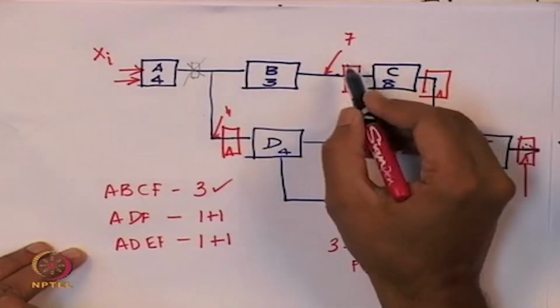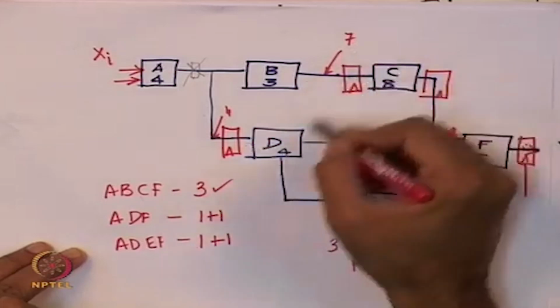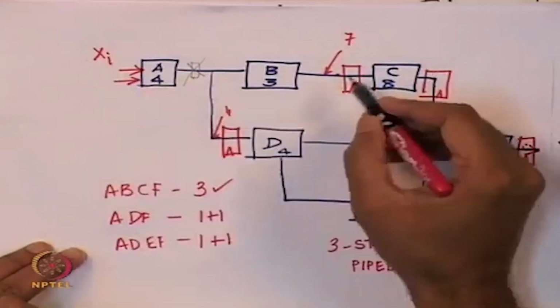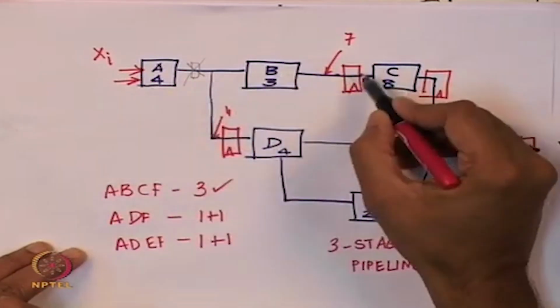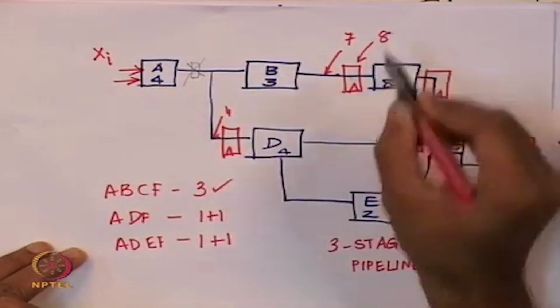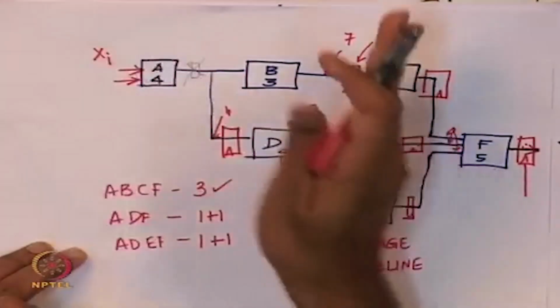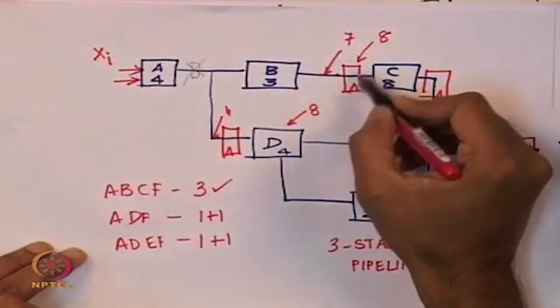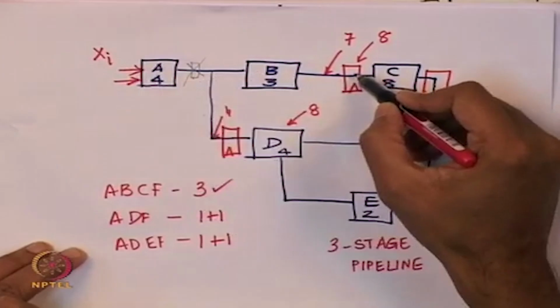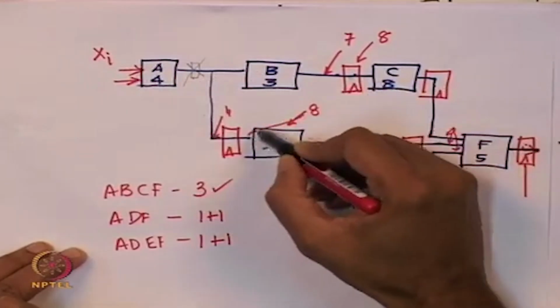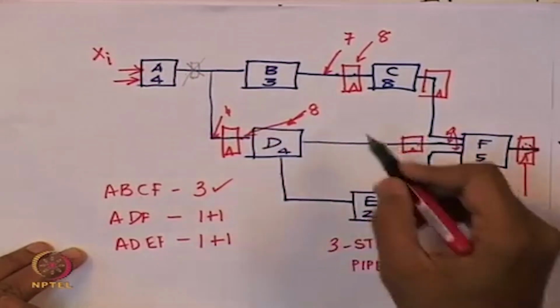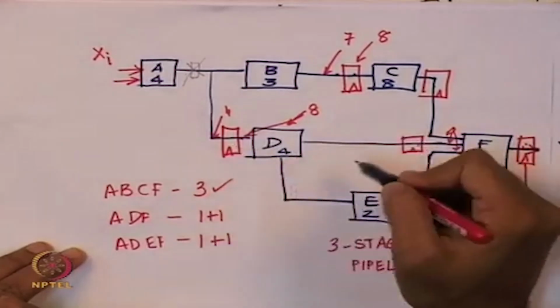So, the first stage will get registered at 8. So, A and B of xi will get ready here at 8 and it will also be available at 8. So, now the relevant things for xi are available here and here, at the flip flop, not at the D.